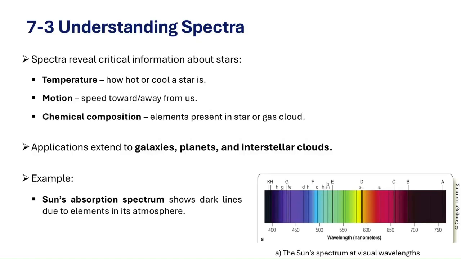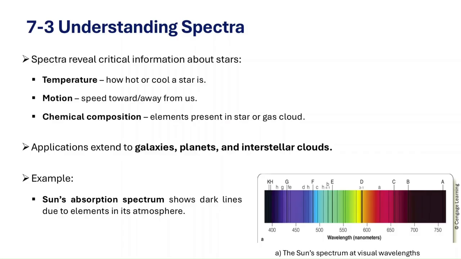Now here's a perfect example, the sun's spectrum. The colorful background you see is the continuous rainbow of light coming from the sun's hot surface called the photosphere. But notice the dark lines crossing it. Those are absorption lines. They appear because atoms in the sun's cool atmosphere absorb specific photons, removing those exact colors from the spectrum.